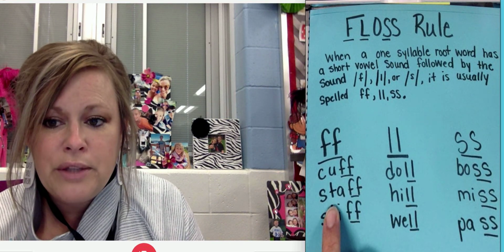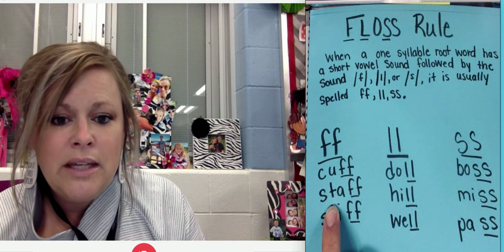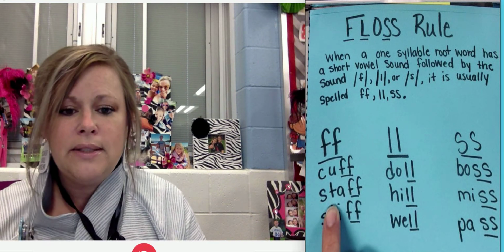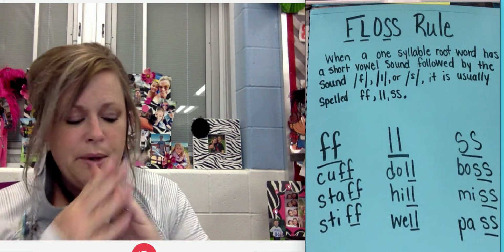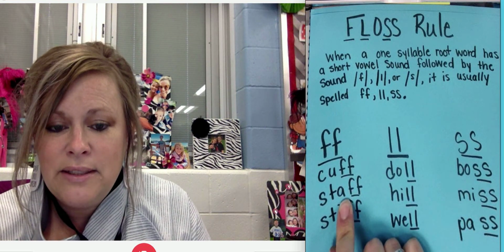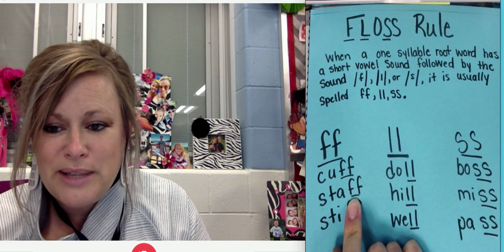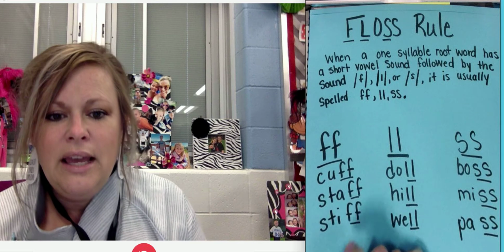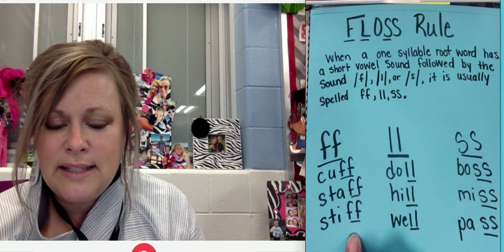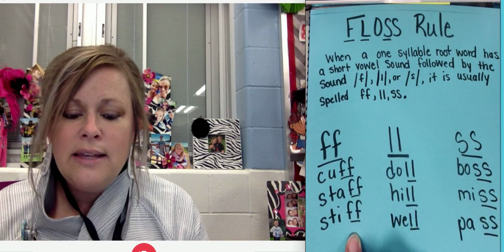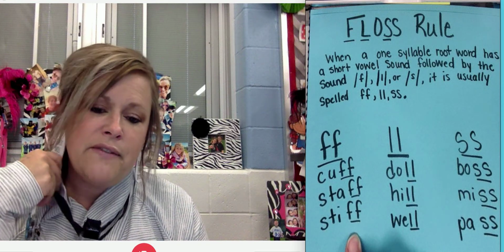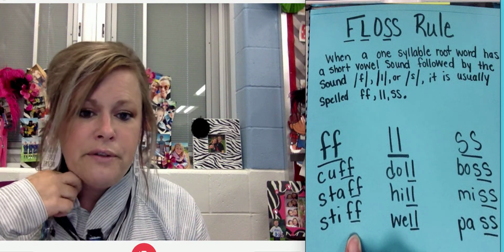Those who are working at school are staff. Staff is a short one-syllable word. Staff has a short A sound, ends in f, so you double it. And stiff is an example of this as well. Stiff, like you sleep on your neck funny and your neck is stiff.